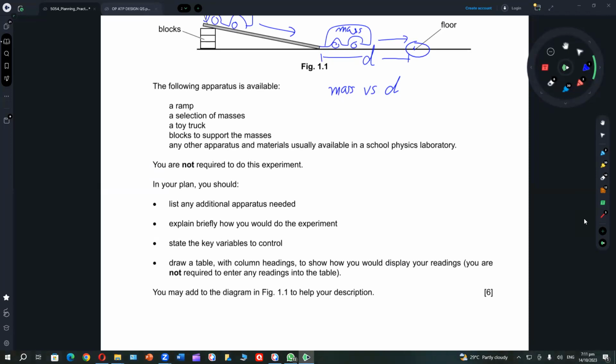List any additional apparatus needed. Explain briefly how you would do the experiment. State the key variables to control.